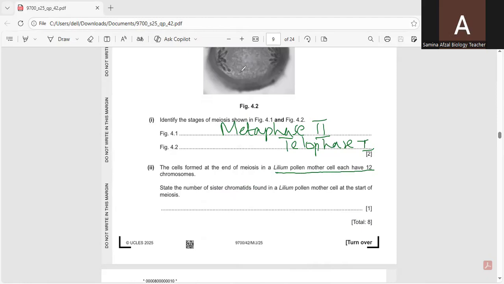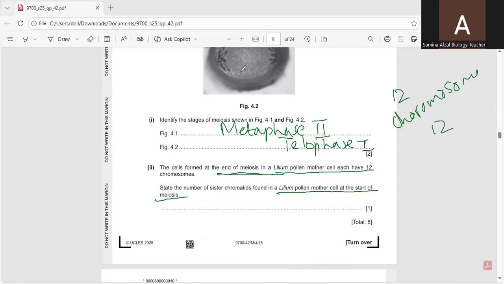State the number of sister chromatids found in a Lilium pollen mother cell at the start of meiosis. At the end of meiosis, in Lilium pollen mother cells, each cell has 12 chromosomes.